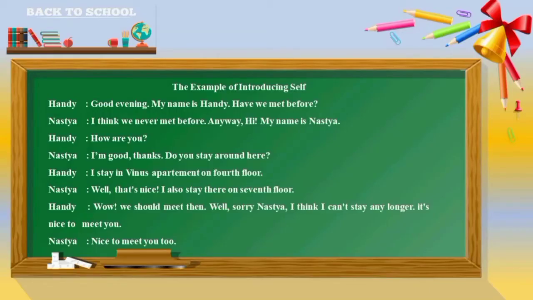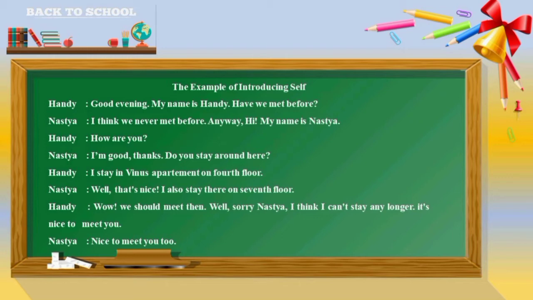In a conversation, of course, there are 2 people talking to each other, or it can be more than 2 people, whether it's introducing themselves or talking about other things related to them, like their jobs, their activity, or their identity. We can see here an example of a conversation between Handi and Nastya, who are talking about themselves.